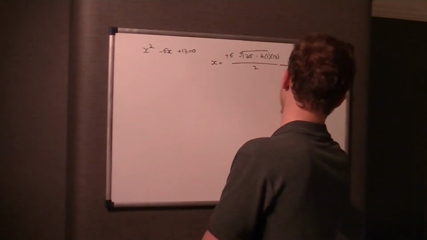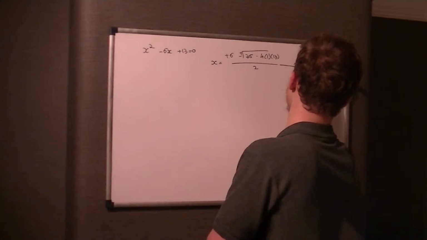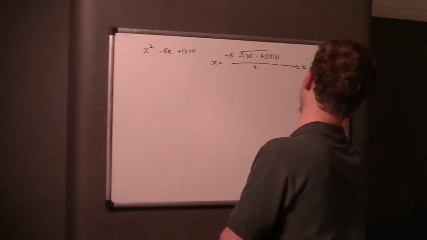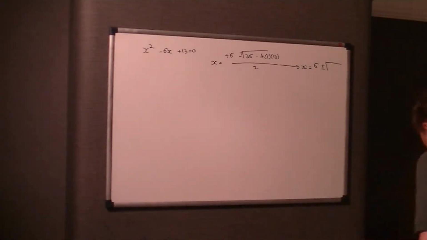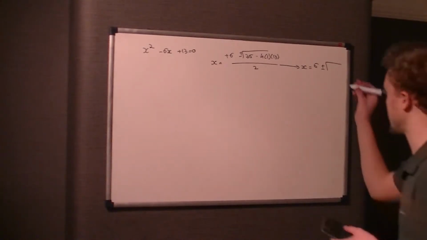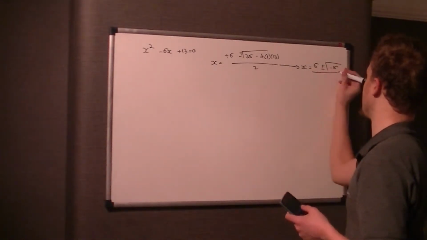Therefore x is equal to 6 plus or minus the square root of 36 take 4 times 1 times 13, so 36 take 52, which gives you minus 16, and that's over 2.